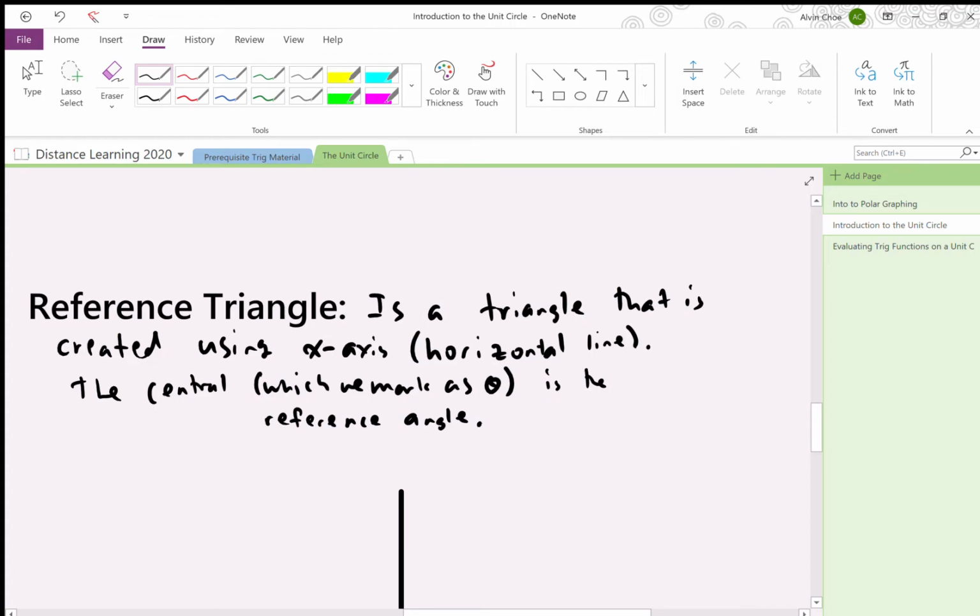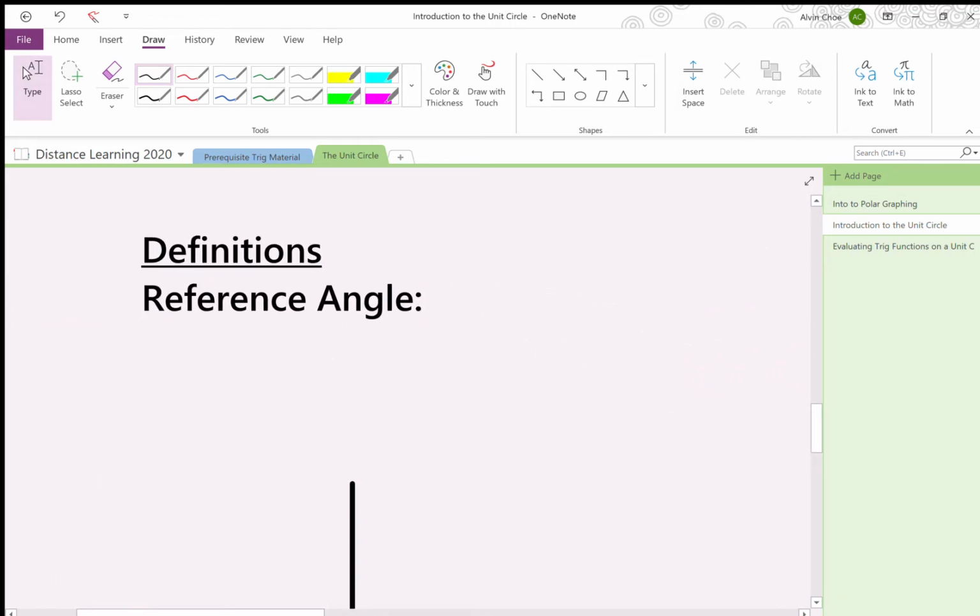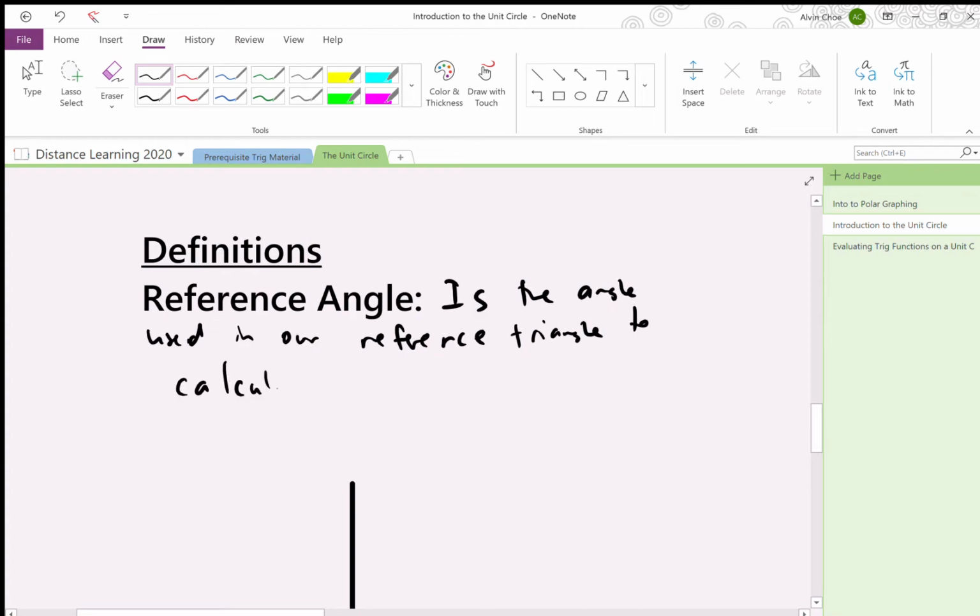So again, the reference angle is the angle used in our reference triangle to calculate and evaluate trigonometric expressions.